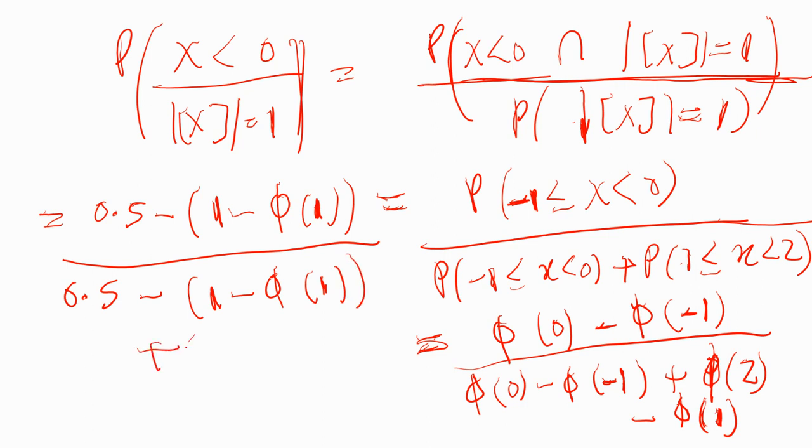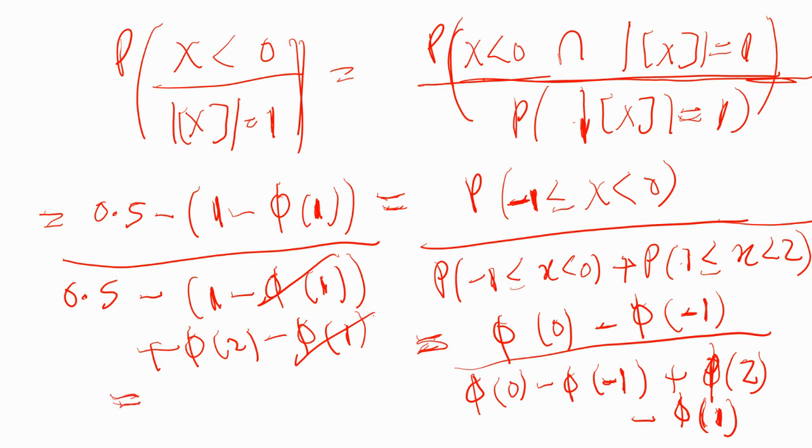Then it will be phi of 2 minus phi of 1. So this is minus, and if you just put minus inside, then it will be plus. So this will cancel out.